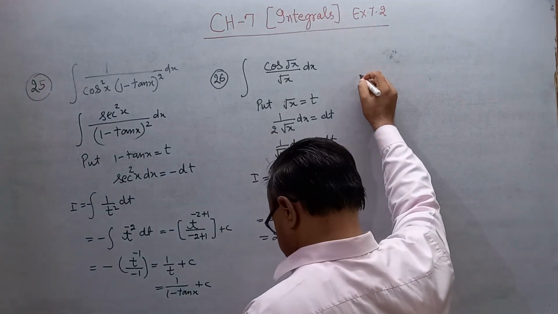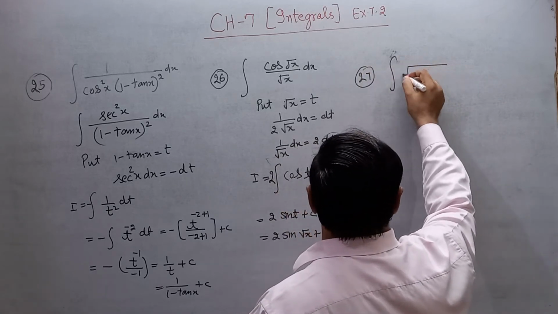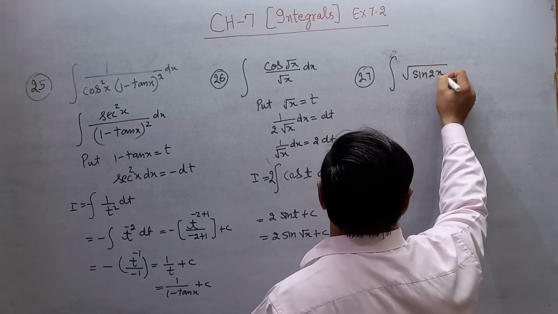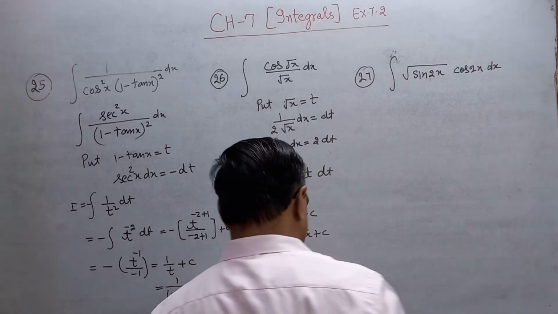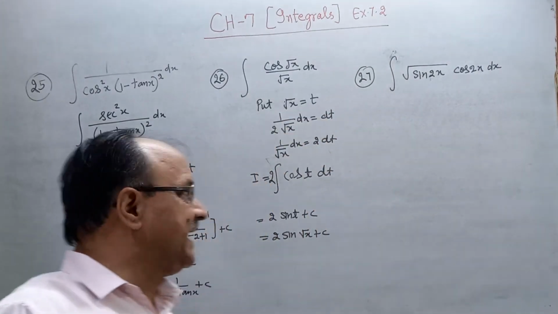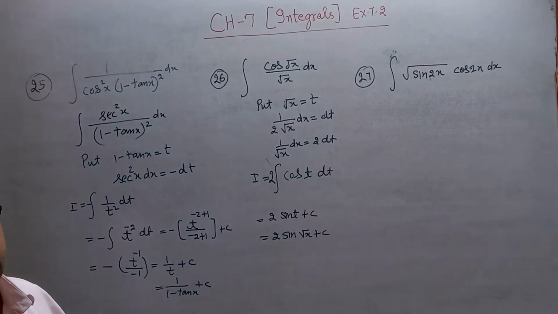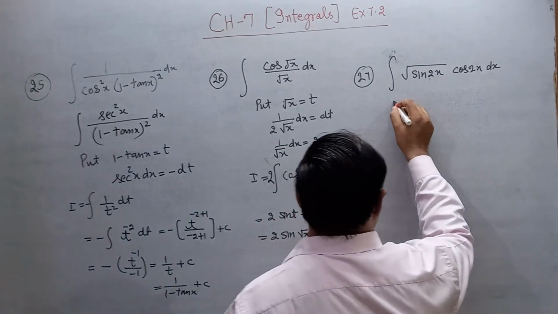Question number 27. Integration root sin 2x cos 2x dx. In this question, you have to let sin 2x is equal to t, because you know that the derivative of sin x, cos x is present in the question.